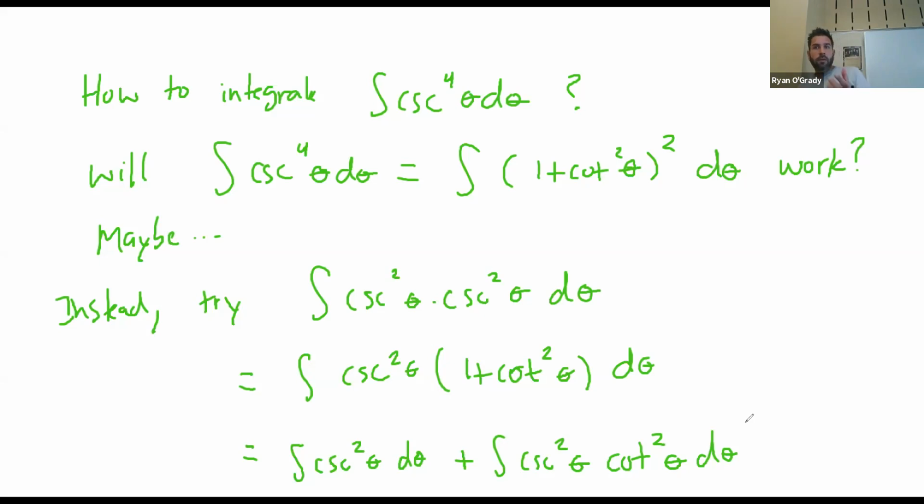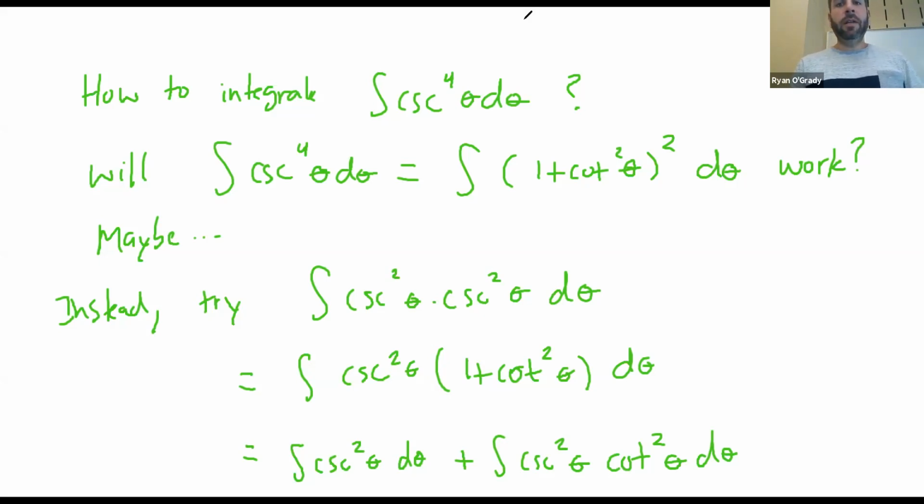So these are some of the little things that we don't quite always think about when we're in a calculus class. We memorize certain things because we see them all the time, like the integral of sine and the integral of cosine.